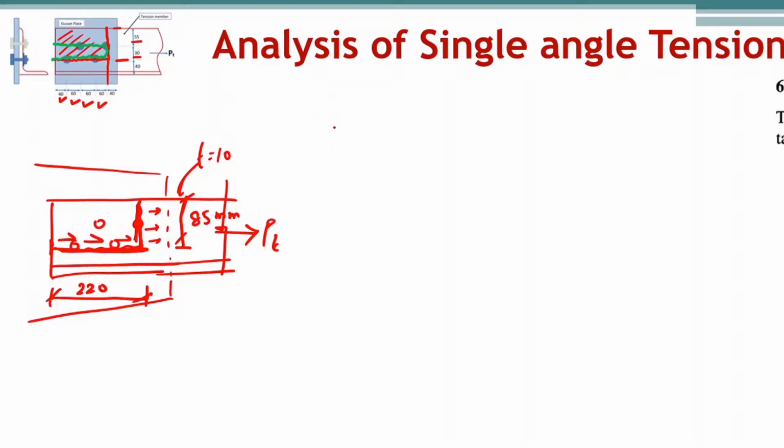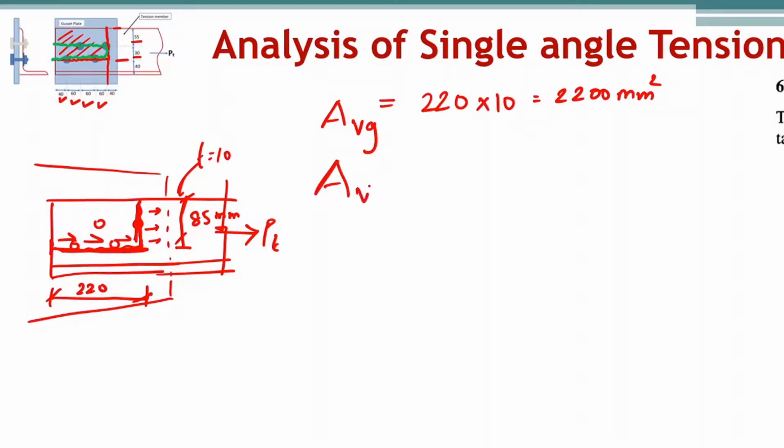So for this failure plane, let's calculate the gross area in shear. The width is 220 into thickness 10, so 2200 mm square.